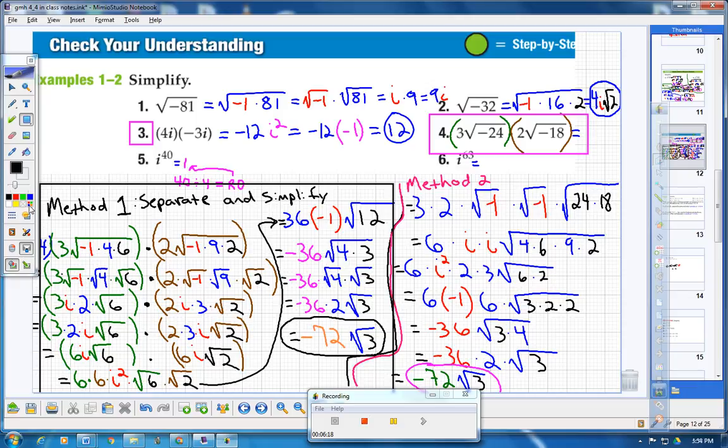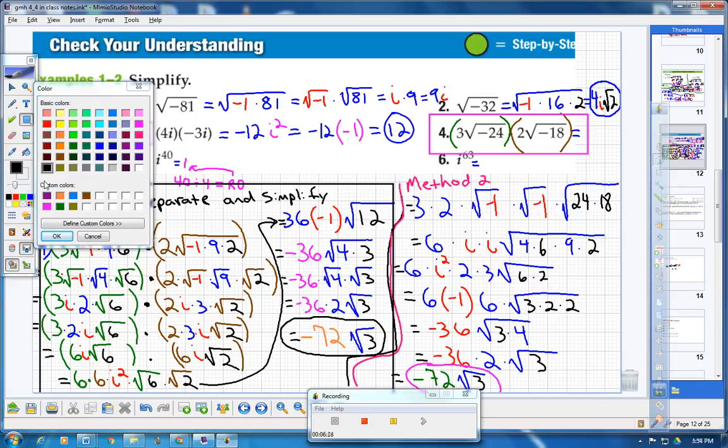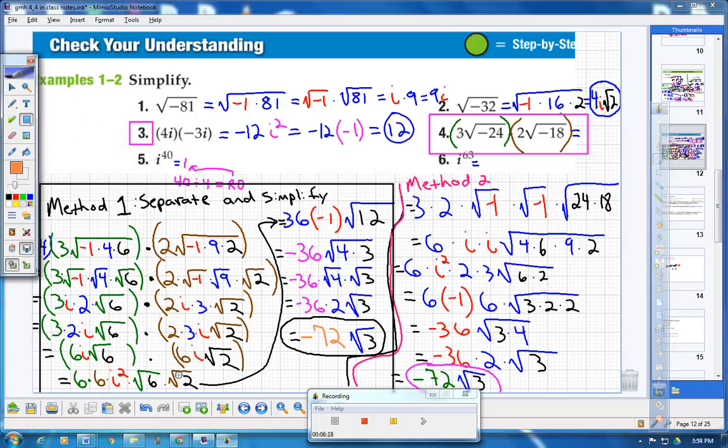The key step, after I break this down to the square root of 6 times the square root of 2, I then need to say to myself, there may be a perfect square in there. So multiply 6 times 2 and put it all under one roof. Because these are both square roots, I can multiply them. The square root of 12.